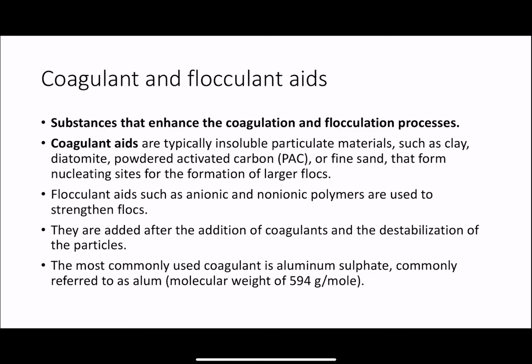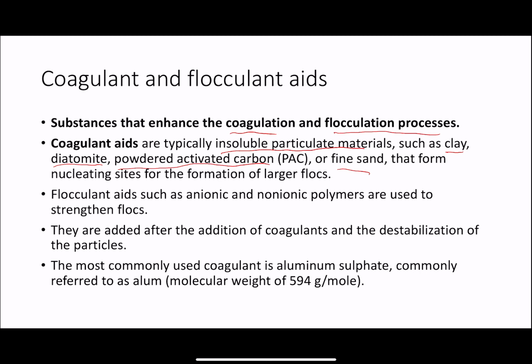Sometimes you add the coagulant, but you need some help. You need some aid, flocculant aids. These aids help enhance the coagulation and flocculation processes. Coagulant aids are, for example, clay, insoluble particulate matter, diatomite, powdered activated carbon, and fine sand.